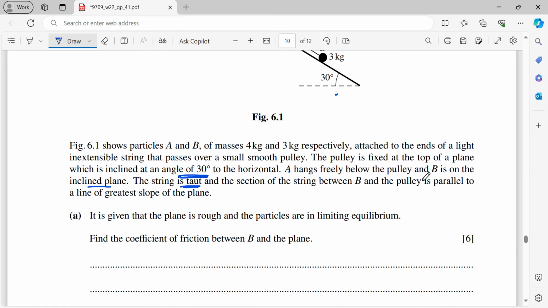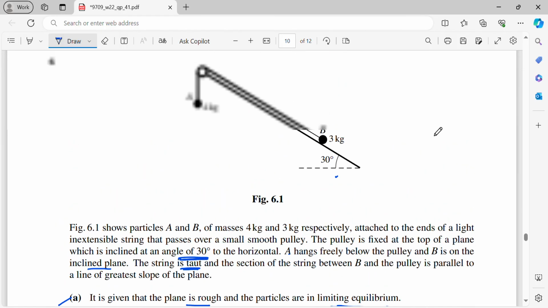Okay, now A, given that the plane is rough, the particles are in limiting equilibrium. Find the coefficient of friction between B and the plane. So firstly, from here, I will expect A moves down with acceleration a, and the weight is 4g. Then B will move up with the same acceleration.